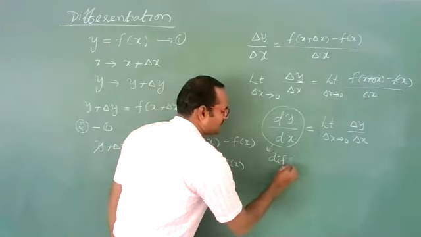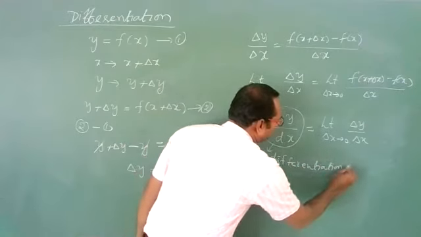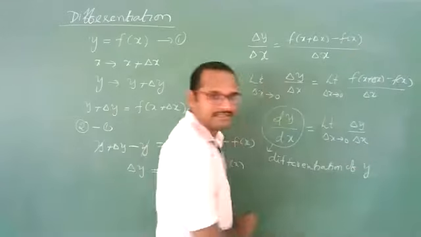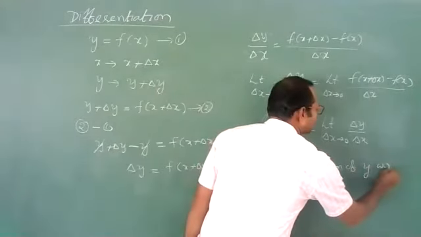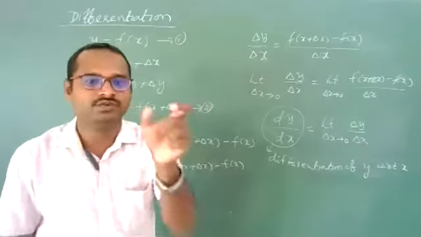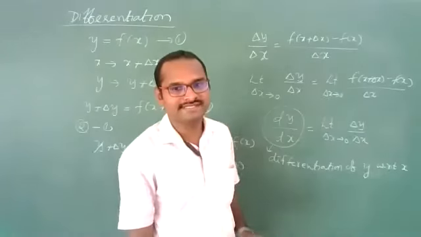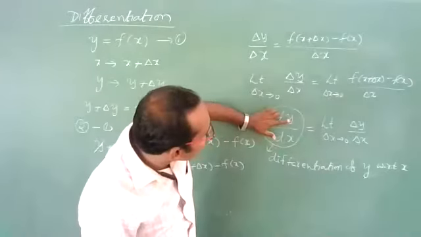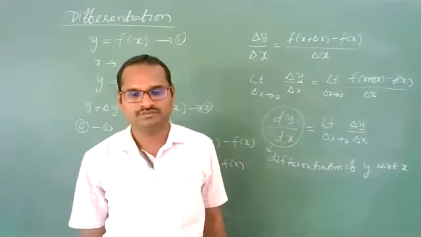This is called as differentiation of y. What we are differentiating? Y with respect to x. With respect to whom? With respect to x. Means the meaning of this one is how y value is changing with respect to x value.